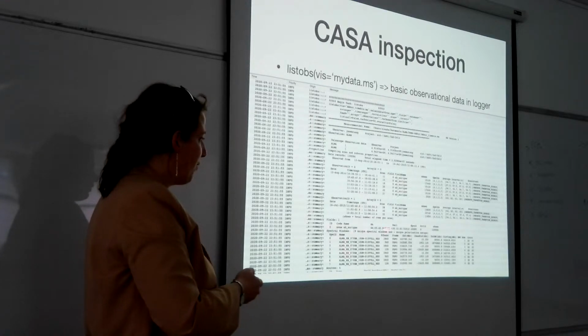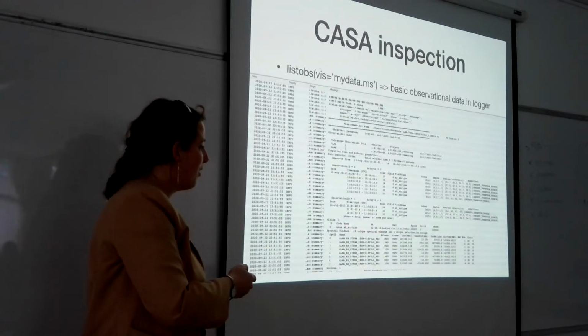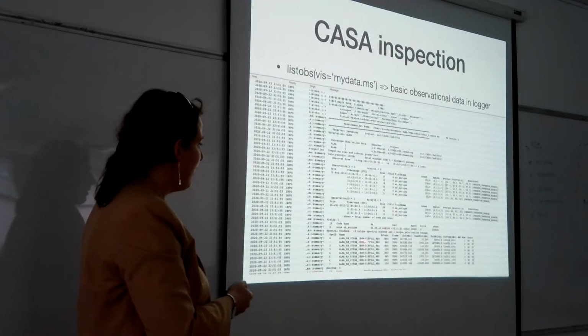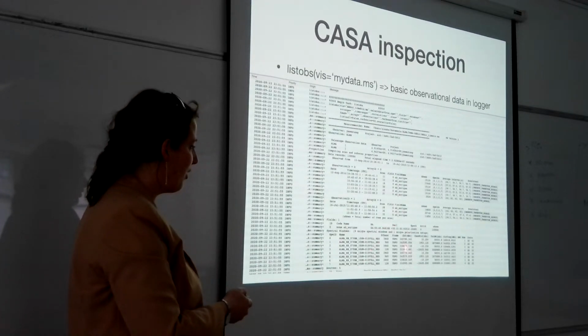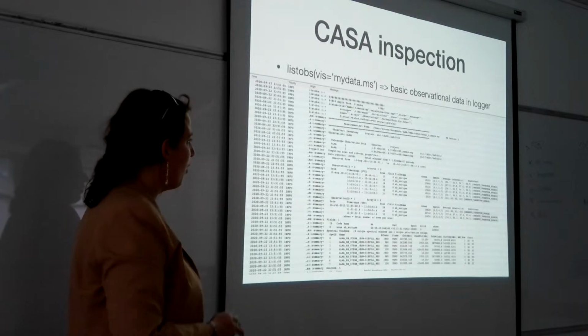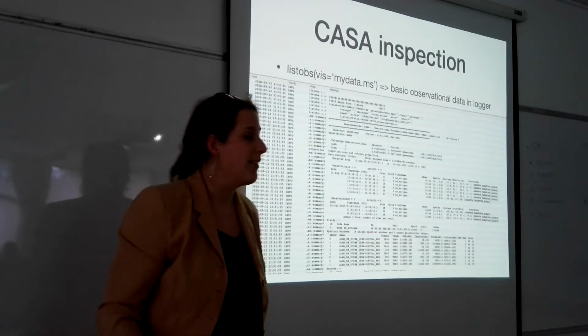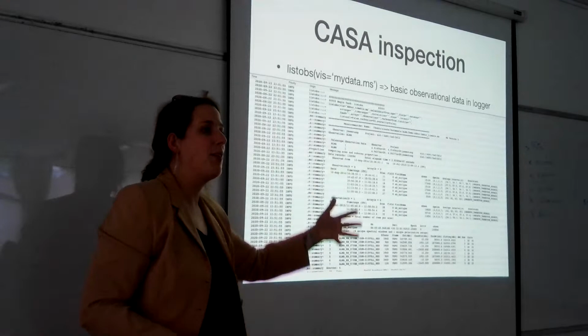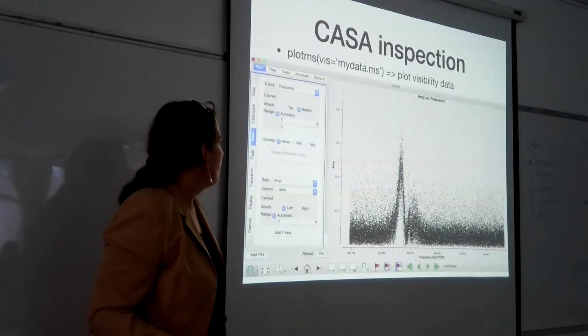You can see all the different fields. In this case, there's only one field in the array and the coordinates of that. Then the spectral windows with all the different frequencies. And then further below, you can actually see the names of all the antennas. So listobs is a way to get the basic information about your measurements.